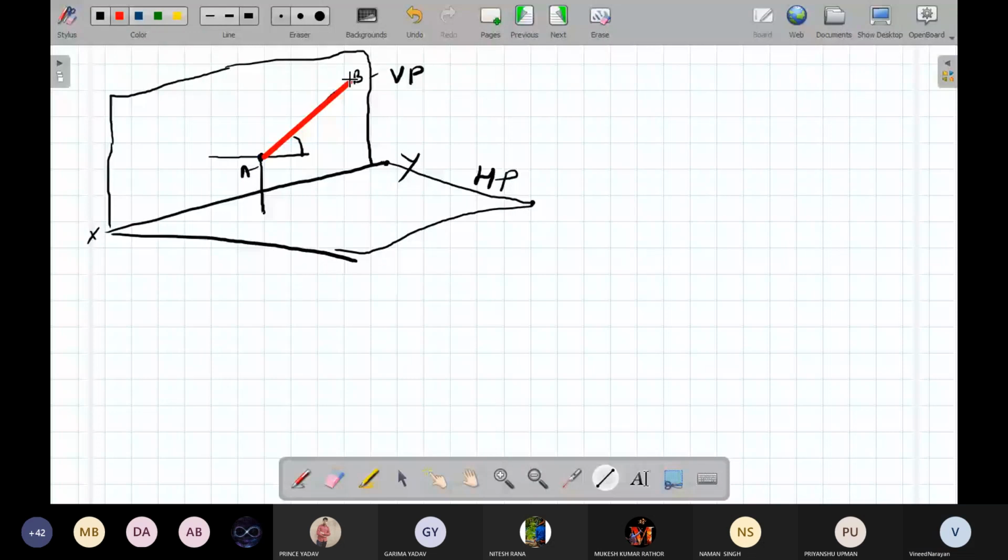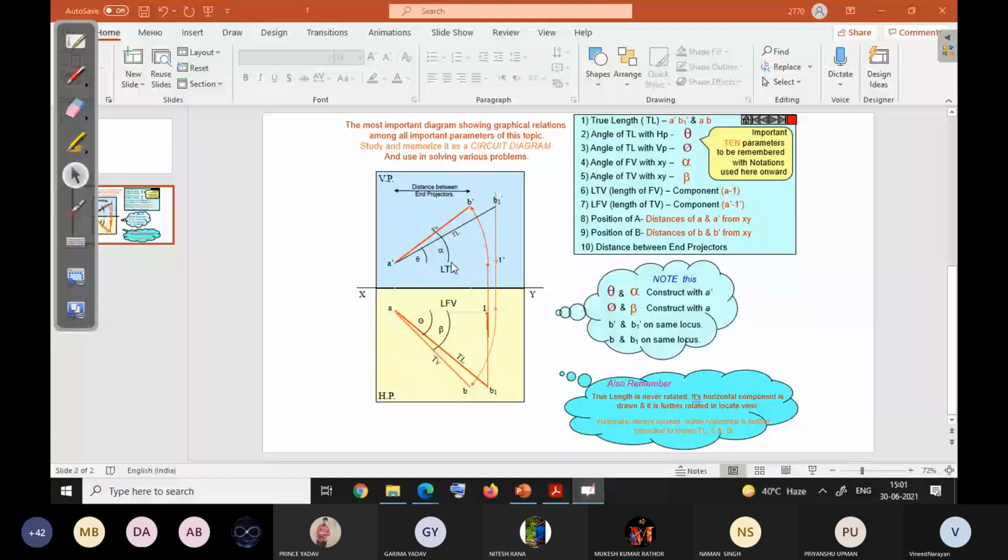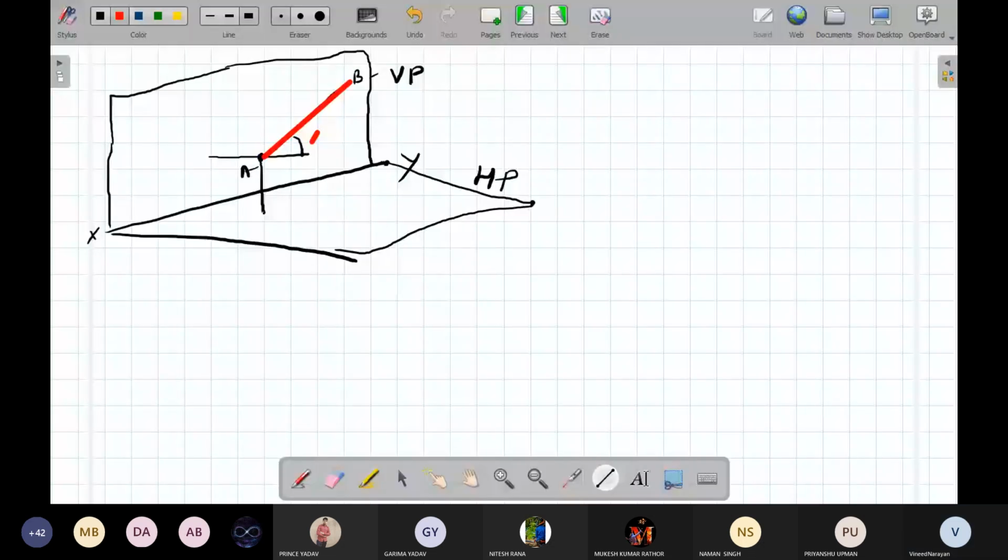Now it's inclined to the horizontal plane, so for its angle we can use the true angle, that is theta. So this is theta. Theta and phi are true angles.